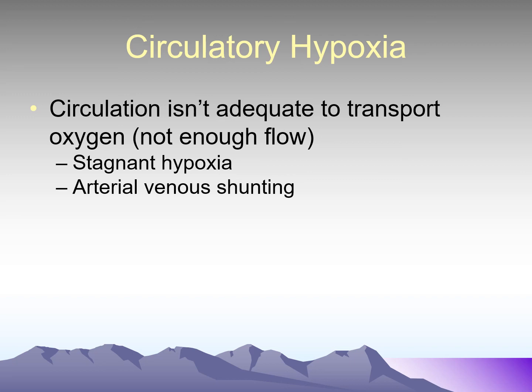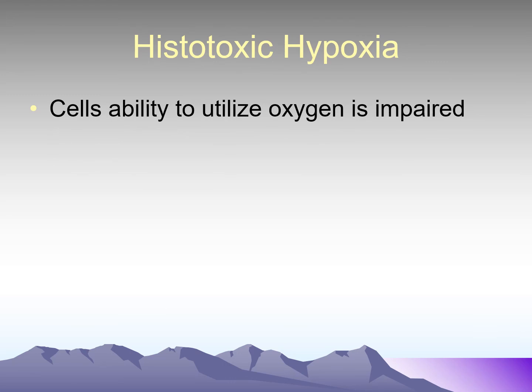The flow is slow, so it's stagnant or pooling. There could be AV shunting going on. Blood completely bypasses the tissue cells and moves into the venous system. Some of the causes can be hypovolemia. That is commonly associated with decreased SvO2. And again, the case studies can kind of help you with this.